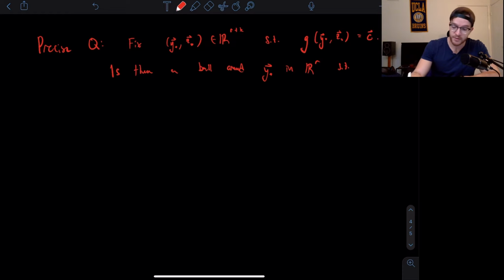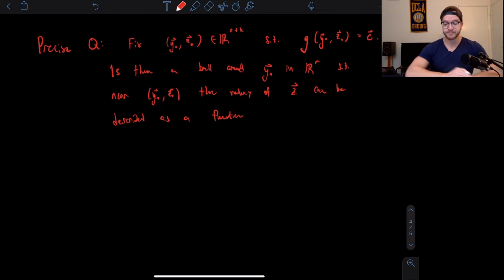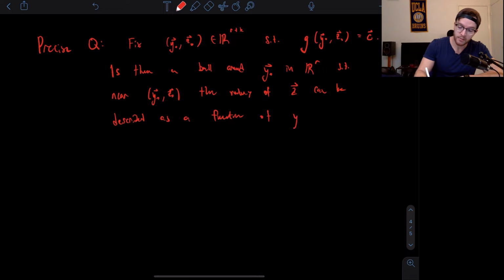So I'll say it this way, such that near this point, the values of z can be described as a function of y.